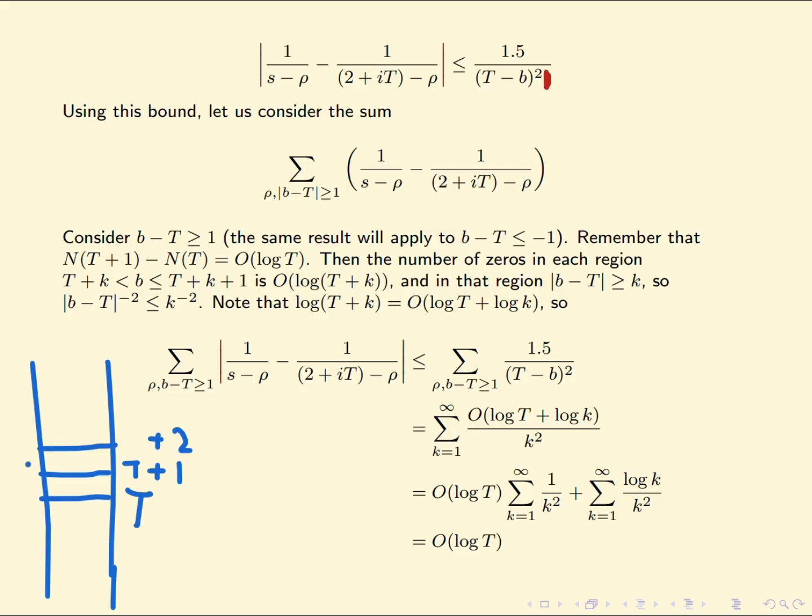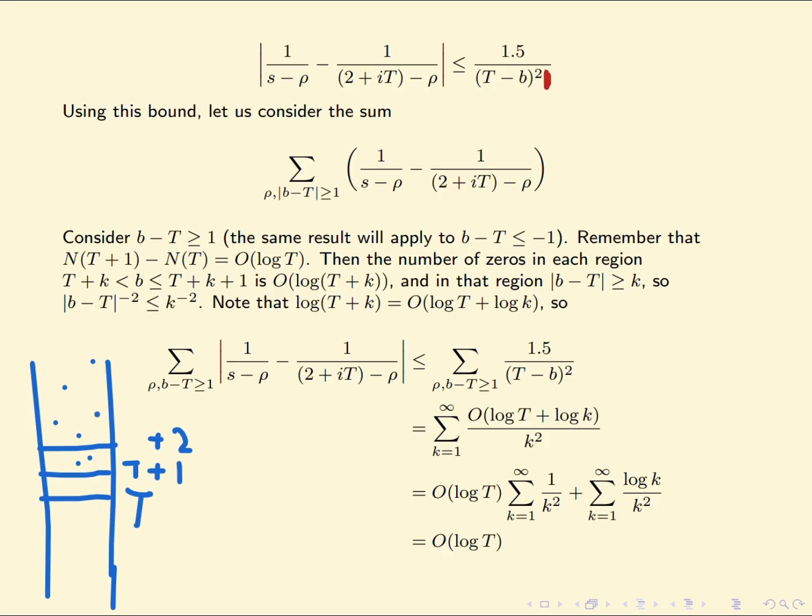I'm going to consider all the zeros in each region. There might be zeros in all of these regions, and I'm going to try to estimate how many there are in each. By using this formula, the number of zeros in the region t plus k to t plus k plus 1 is O of log of t plus k.